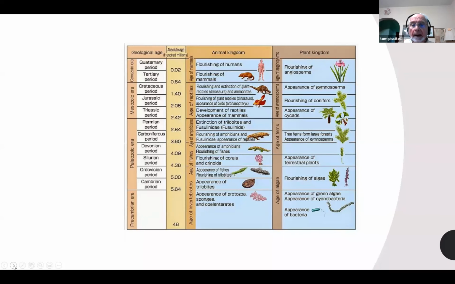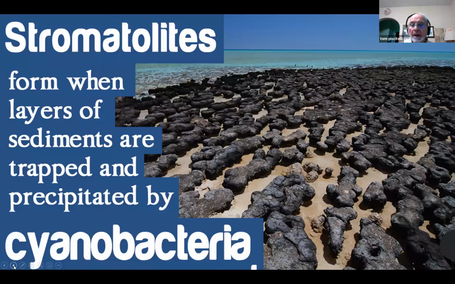Living symbiotically, cyanobacteria and algae captured sediment and formed mounds and mats beginning about 3.46 billion years ago. These rock-like formations are called stromatolites. Stromatolites were able to spread globally because they had no predators at the time. This continued until about 700 million years ago.